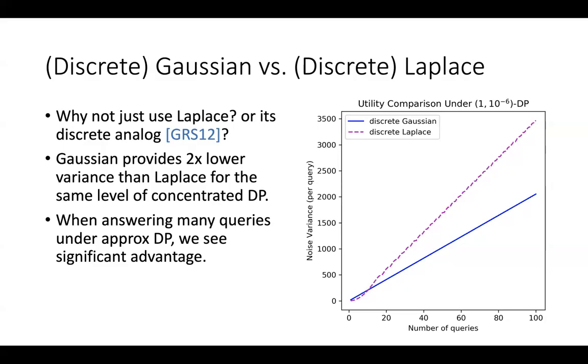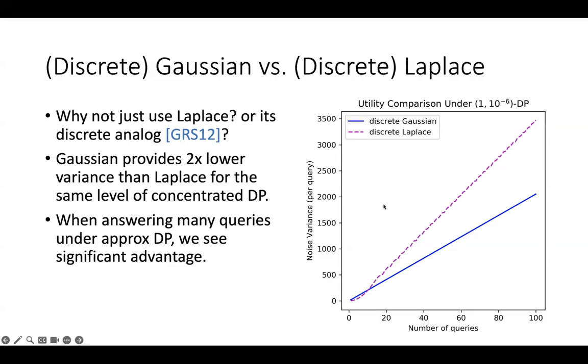What I'm plotting on the y-axis is the variance of the noise being added to each query. And you can see that for small numbers of queries, specifically for less than 10 queries, Laplace is actually better. But for a large number of queries, there is a big gap, and Gaussian noise is preferable.